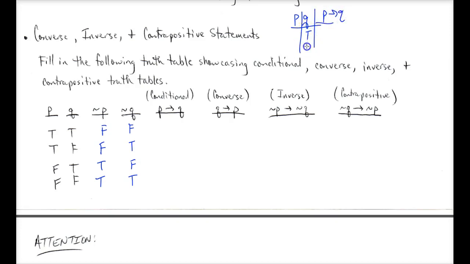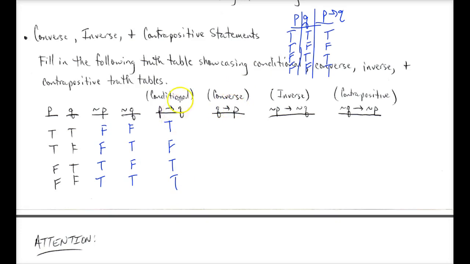So we know true, false, and here true, true, false, false. Okay? So we know here that a conditional statement is true, except for when P is true and Q is false. So we have T, F, T, T. And so now, if we're looking at P and Q and doing the conditional statement, we just copy that down, T, F, T, T.